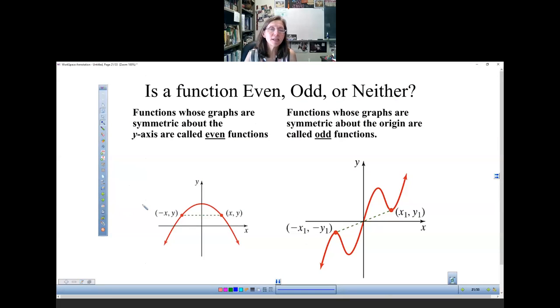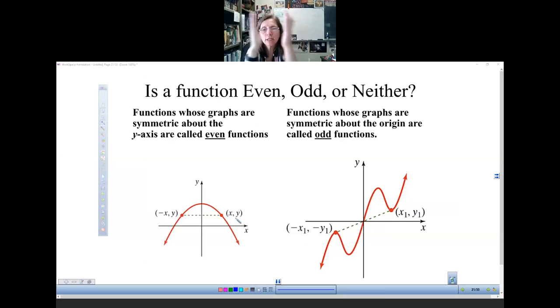Okay, these to me are the nice problems. This is where I revert back to when my children were in elementary school and they learned to fold things hamburger and hot dog style. I know. So you may have remembered that from elementary school. I tell students that if you can fold a graph hot dog style across the y-axis, to me that's kind of the long axis. It's not, but it feels like it.